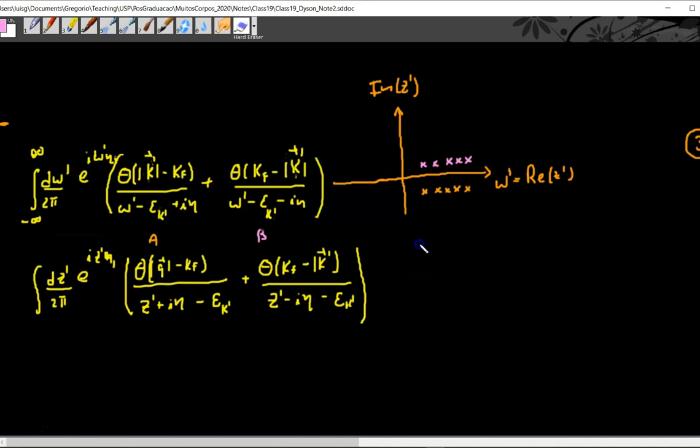If z prime is a real part plus an imaginary part, e to the i z prime eta 1 is e to the i a eta, which just oscillates, doesn't go anywhere, plus e to the minus b eta 1, all right?